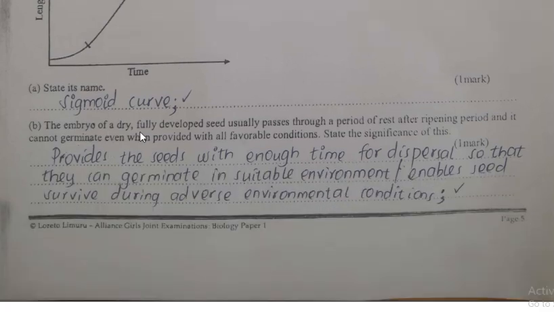Part B, the embryo of a dry, fully developed seed usually passes through a period of rest after the ripening period, and it cannot germinate, even when provided with all favorable conditions. State the significance of this.